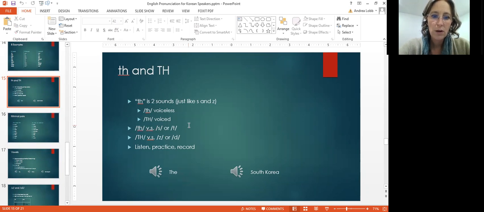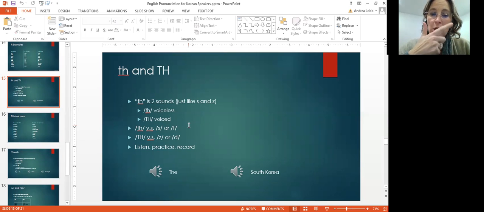So one of the main differences here, if we look at th versus S, is just where your tongue is. The th is an interdental. Again, this is in video 1. Tongue is between the teeth. S, tongue's behind the teeth. Now with T, the tongue is also behind the teeth, but it's also a stop, a plosive. T, t, t, t, t.